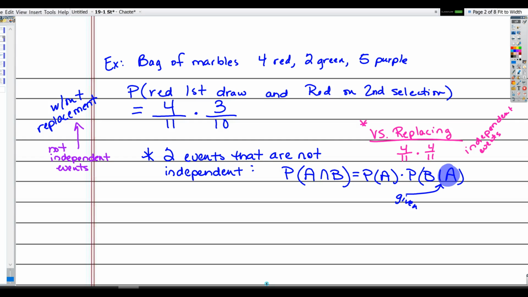It doesn't really matter. There's no dependency there. So the way that you would modify that formula would be this. 2 events that are independent would look like this. The probability of A and B occurring is equal to the probability of A times the probability of B.